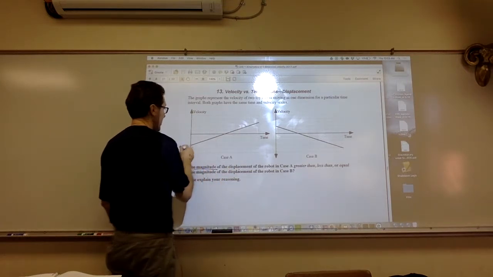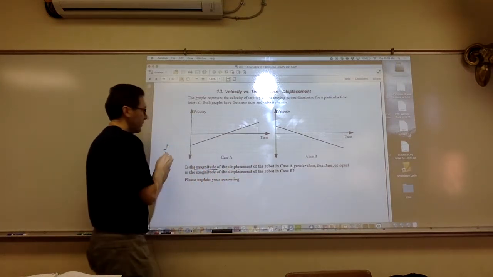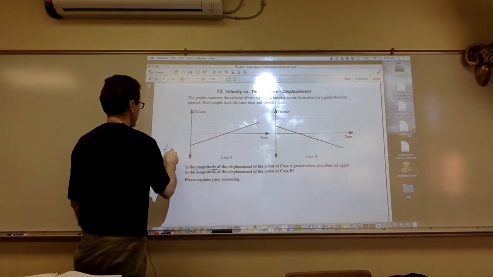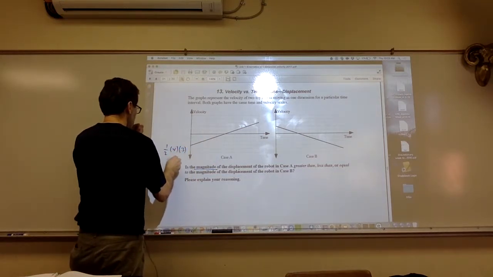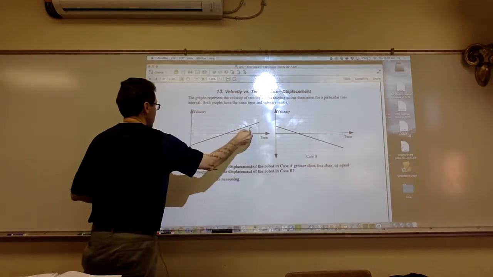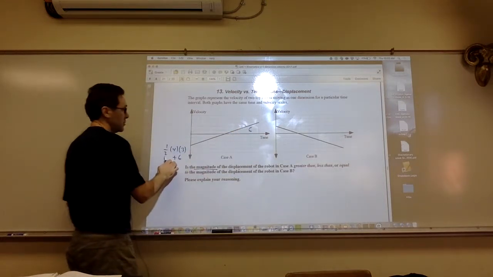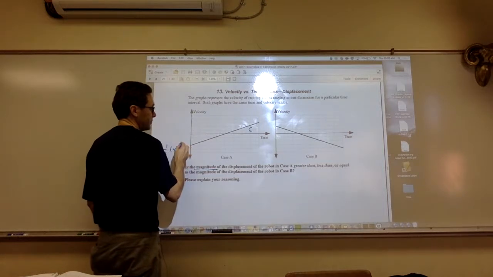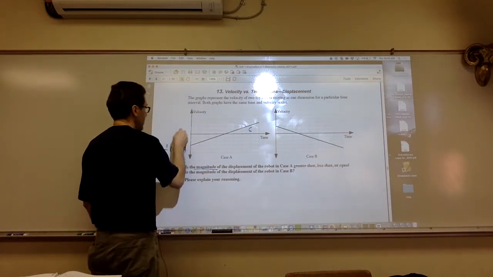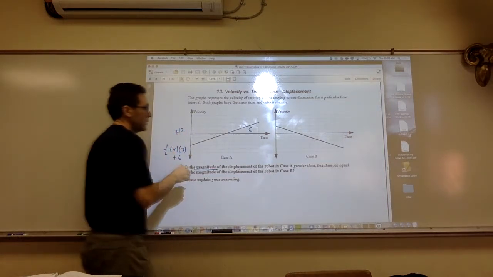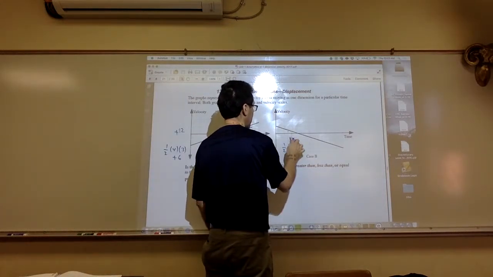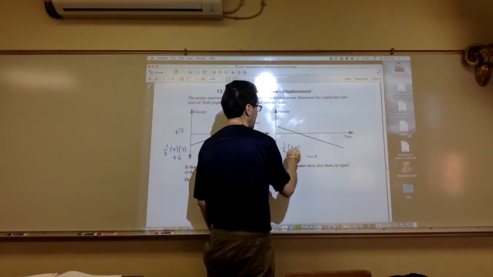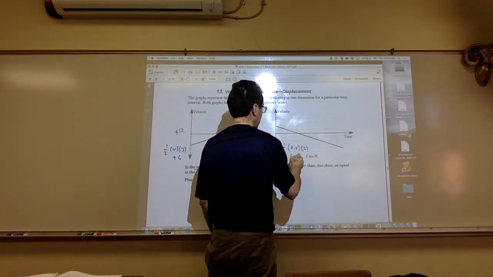The displacement here looks like 1/2, 1, 2, 3, 4, base times the height of 3. So that should be just a 6. And this is a 6. Well, this is a -6, but in terms of magnitude, you make it a positive 6. So this is going to give us a positive 12. This one here is going to be 1/2 the base, which is about 2.5, times the height, which is 2, so this is 2.5.